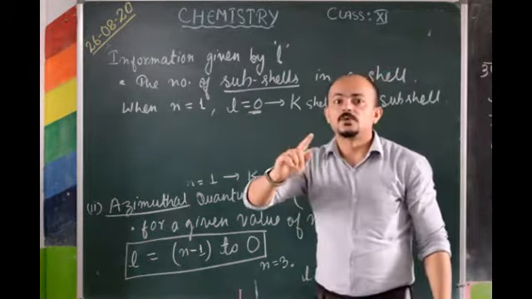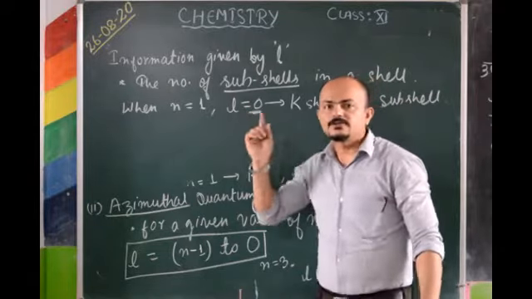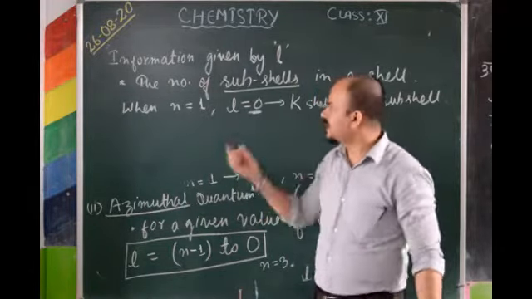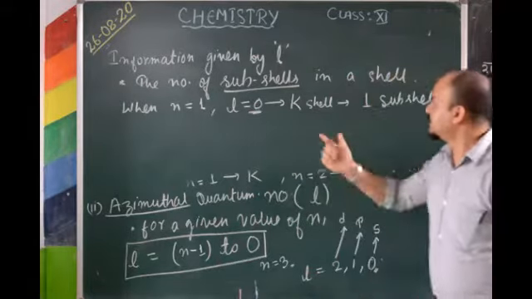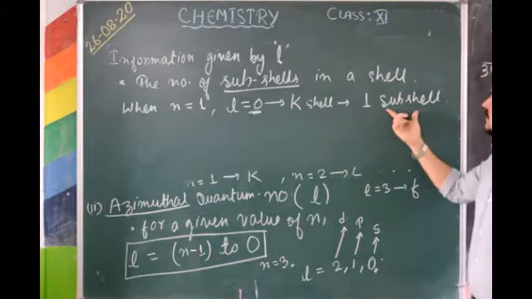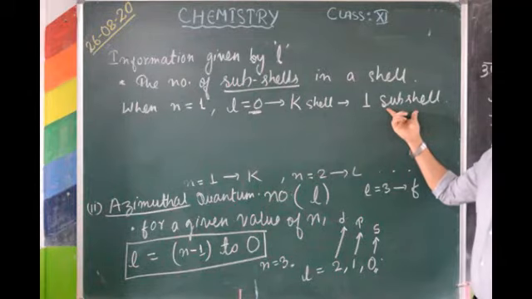Even though it is 0, the value 0 is also a value, that is only one value. Therefore, this K shell will have only one subshell. Okay, please remember this one.